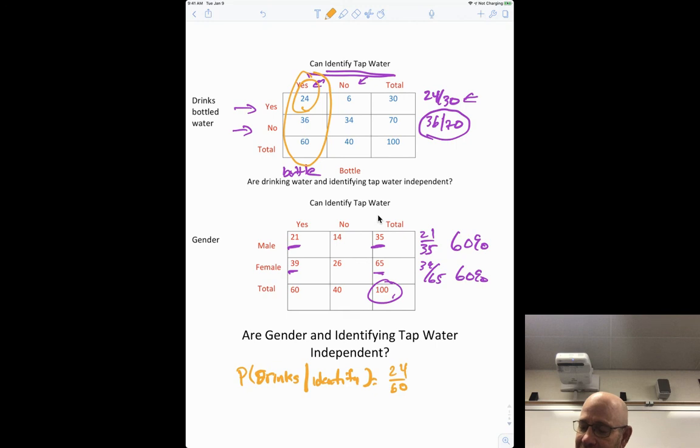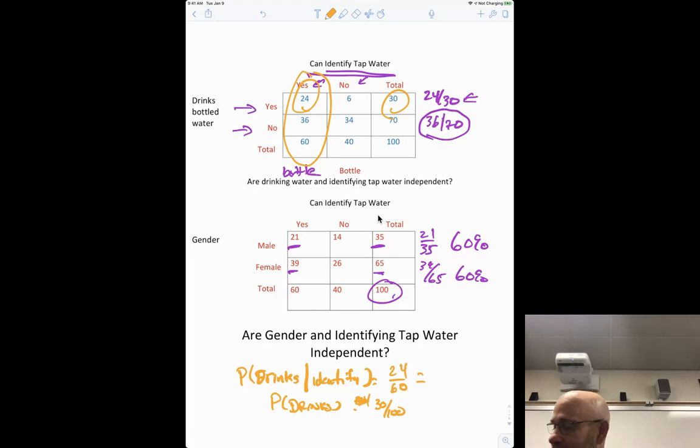Can do that. So then if they are really independent, remember that this has to equal the probability drinks bottled water, because whether they can identify or not doesn't matter. Remember, that's the idea of independence. Probability of drink bottled water is 24 out of, it's 30. Drink bottled water, that's that 30 out of 100.